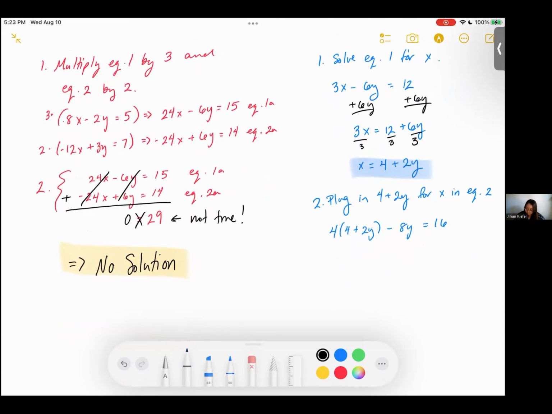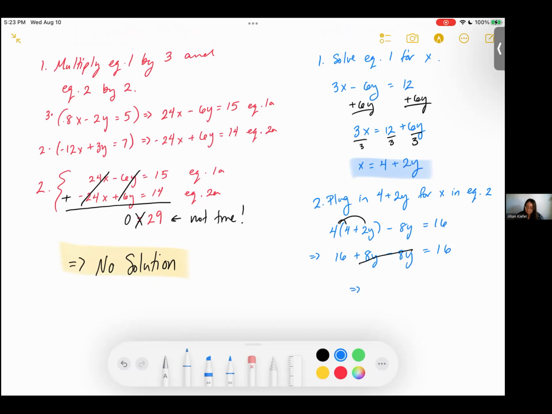We can distribute our 4 into our parentheses here. 4 times 4 is 16. 4 times 2y is 8y. Then we have minus 8y is equal to 16. And we see an issue here. 8y minus 8y. Well, something minus itself is 0. So both of these terms cancel out.